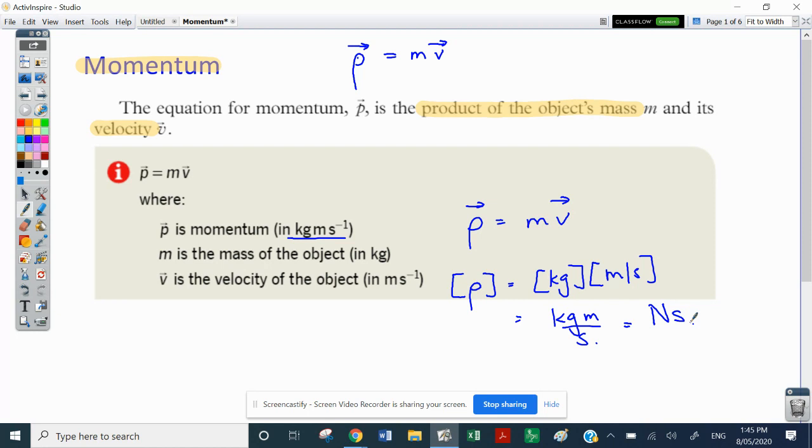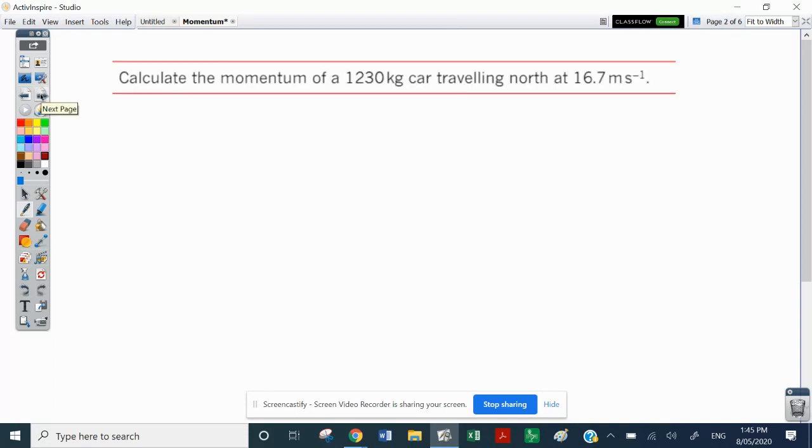It seems to be a funny saying when you first say it, but the most common unit for momentum is the Newton second, N s. This only works, of course, if the mass is measured in kilograms and our velocity is measured in meters per second.